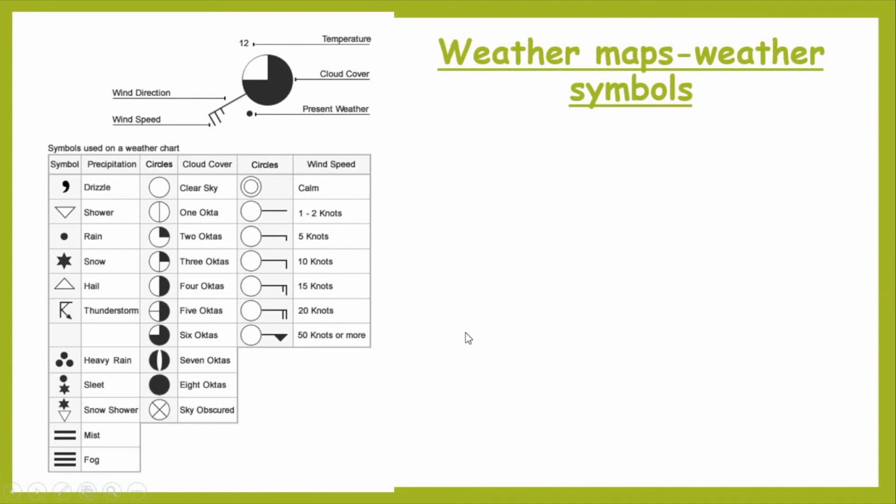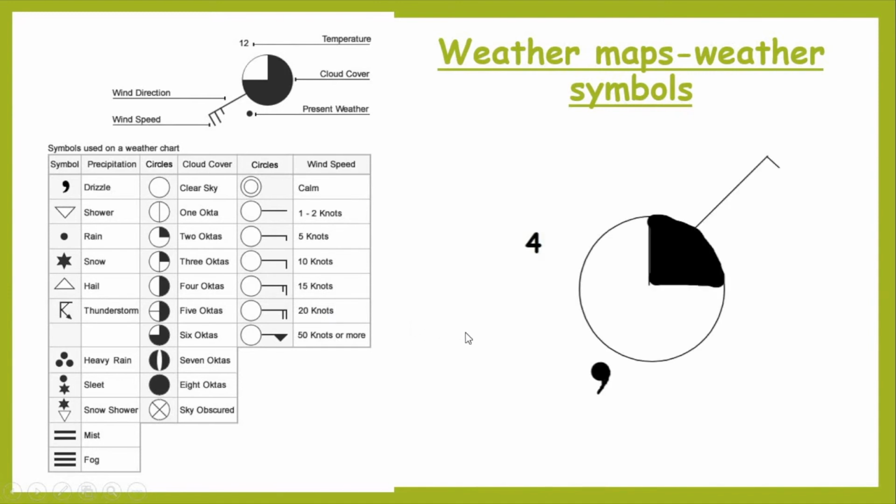All right, so for example, if this weather chart was on the map, it might ask you what are the conditions at location B, or what are the conditions over Swansea on the map, and it will have a little weather chart like this over that area. All you need to do is look at the key that you've been given, because they will give you this, and interpret it. So the conditions in this case, 2 octas of cloud cover.